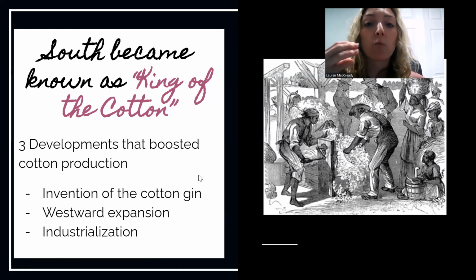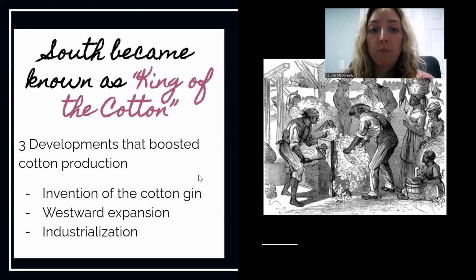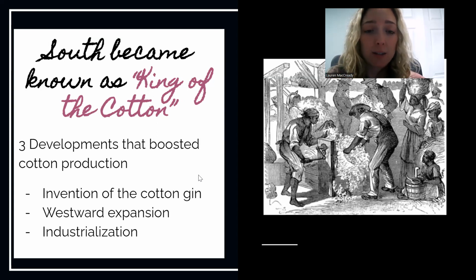But the 3 things that really boost cotton production at this time are the invention of the cotton gin, as we talked about in period 4, westward expansion allowing more land to be planted, and industrialization. We're going to get into this more in the unit, but industrialization in the North is incentivizing slavery in the South, because one of the major exports in the North is textiles, which is clothing.